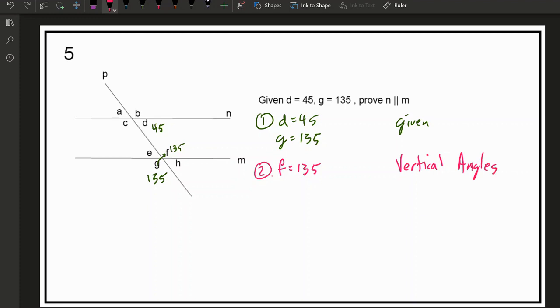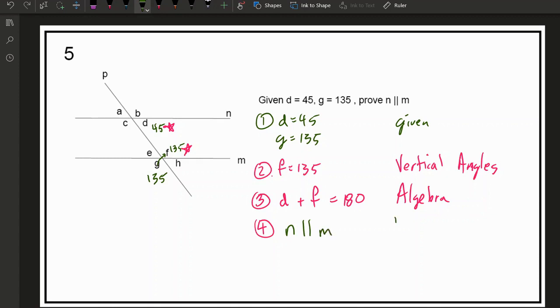And now for step 3, looking at these two angles right here, I can say D plus F is equal to 180. That's algebra. Now that I know those two angles are supplementary, I can say N is parallel to M because of the consecutive interior angles converse.